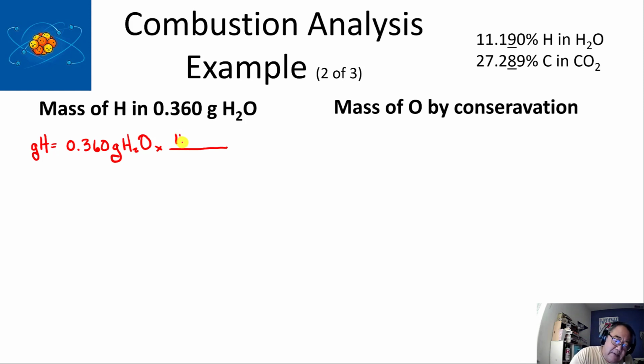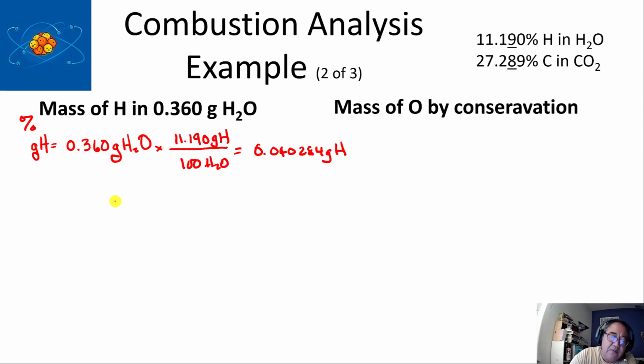So it's 11.19, and I'm not just remembering it, it's right up here in the corner of the slide, right? 11.190%, so grams, sorry, of hydrogen for every 100 grams of H2O. And then I'll go ahead and do that calculation. That comes out to 0.040284 grams of hydrogen. Now again, this is using mass percents, right?